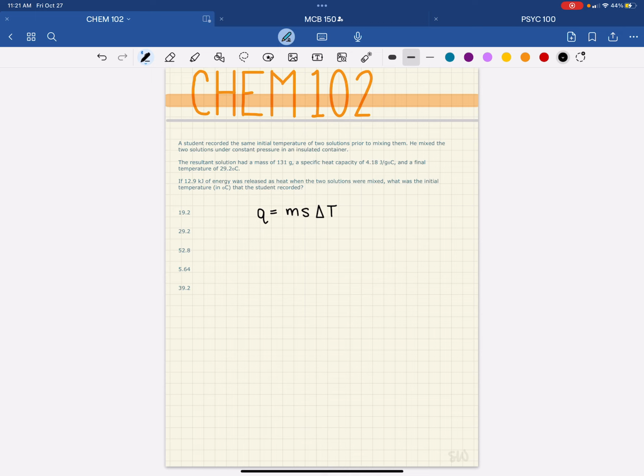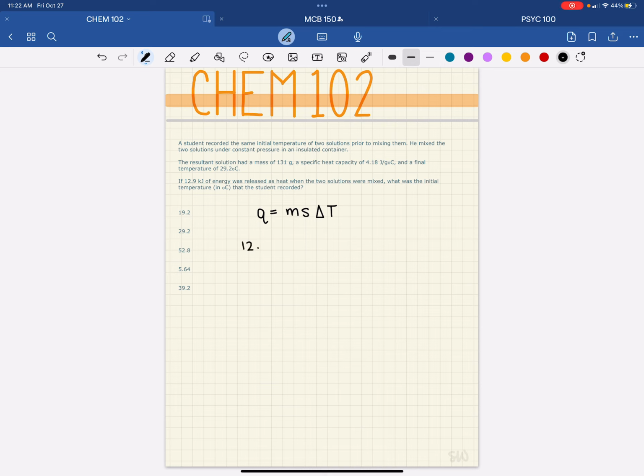He had a mass of 131 grams, a specific heat capacity of 4.18 joules per gram degrees Celsius, and a final temperature of 29.2. 12.9 kilojoules of energy was released as heat when the solutions were mixed, and we want to find the initial temperature. So immediately I'm going to convert 12.9 kilojoules into joules by multiplying by 1,000.